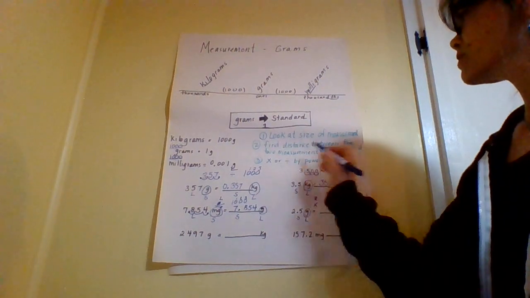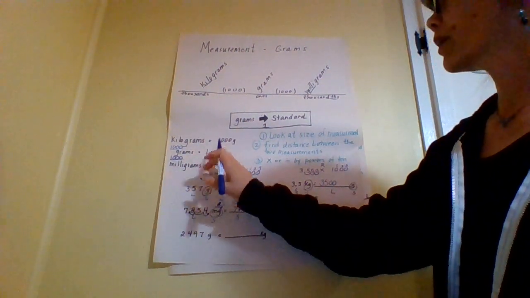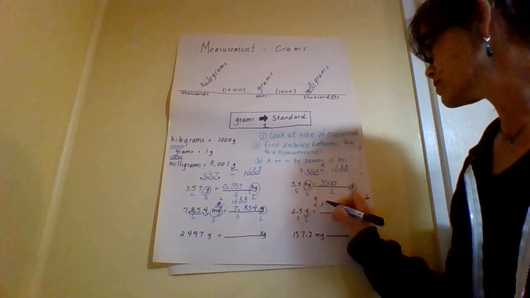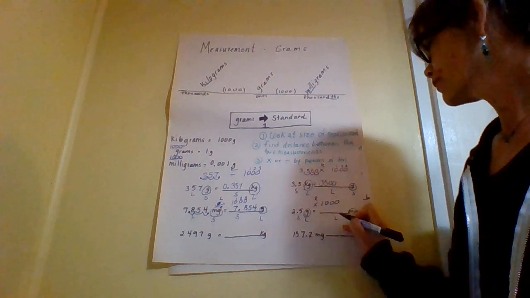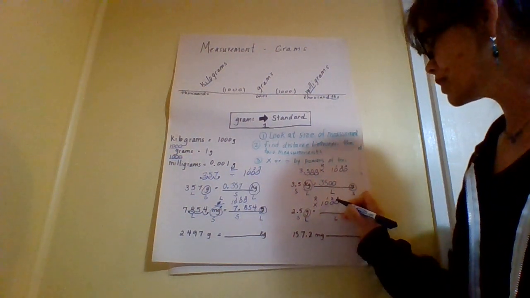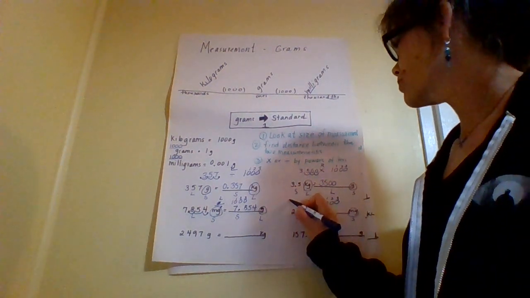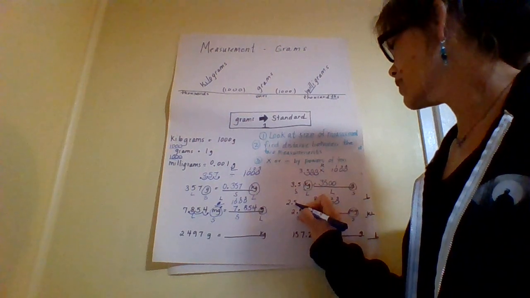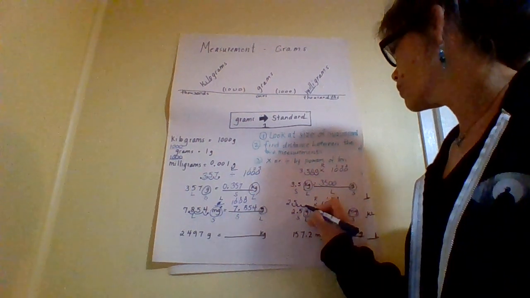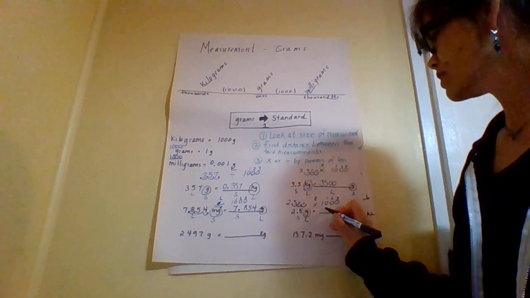Now find the distance between the two measurements. Here's grams and milligrams, and the distance between the two measurements is 1,000. And that tells us 1, 2, 3 decimal point spaces. So we have 2 and 5/10, and we're going to count 1, 2, 3 spaces and fill those in.